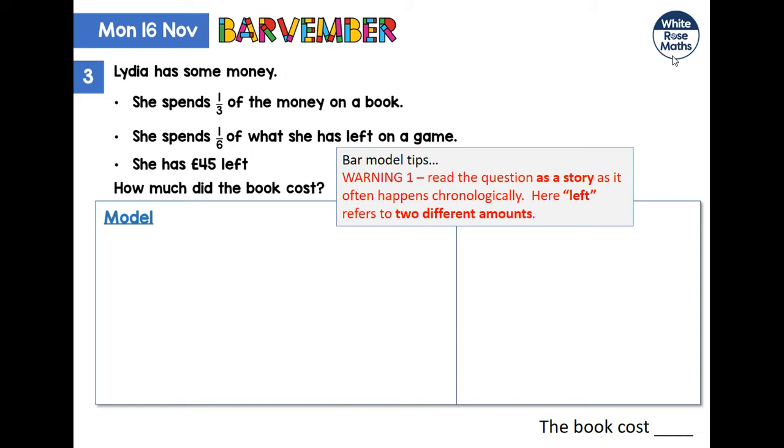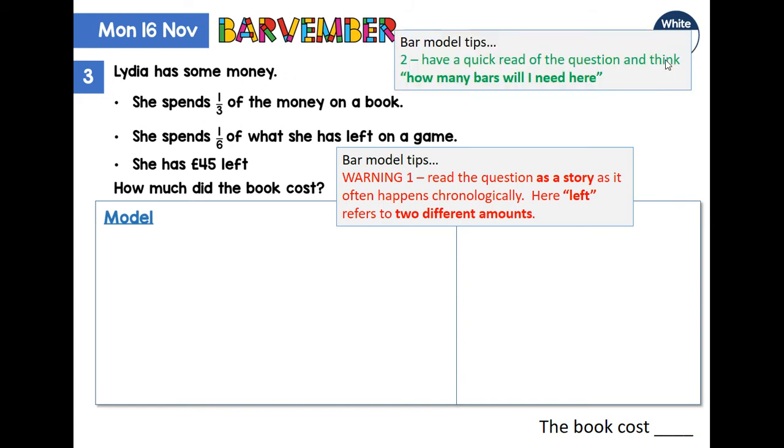So this is why we need to read the question as a story, because so often it's happening chronologically, it's happening in sequence. Okay, so has left here refers to two different amounts, and you'll see that in due course. So as usual, we're going to start with how many bars.